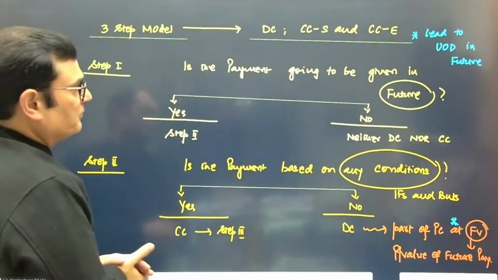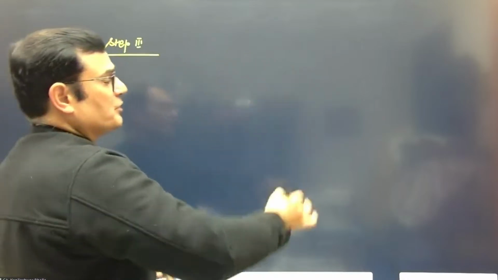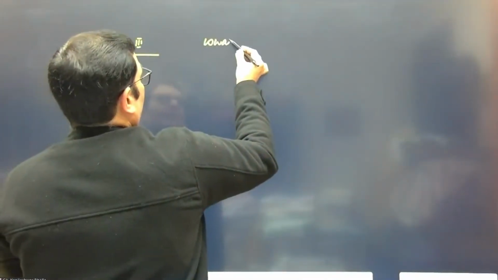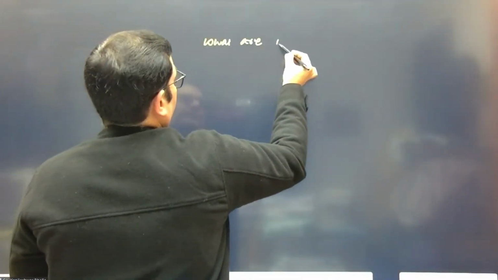Now let's go to step number 3 as well. So now let's see what is the input in terms of step number 3. Once you've said in step 2 that it is a contingent consideration based on ifs and buts, now ask yourself a question, what are these ifs and buts? So we need to see what are the conditions.